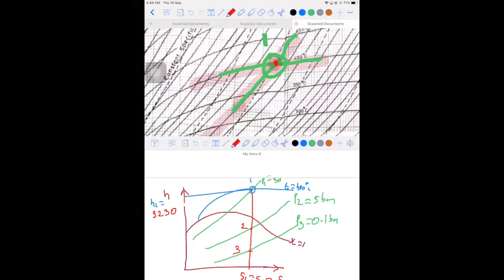Sir, I randomly drew it like this, but point 2 may come in the superheated extreme region. In that case, my line may not be like this, it may be something like this. There's not a big issue, sir.